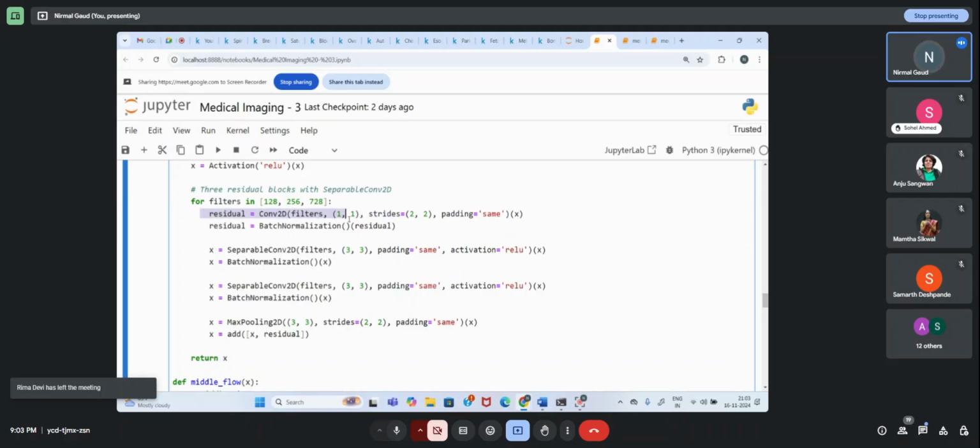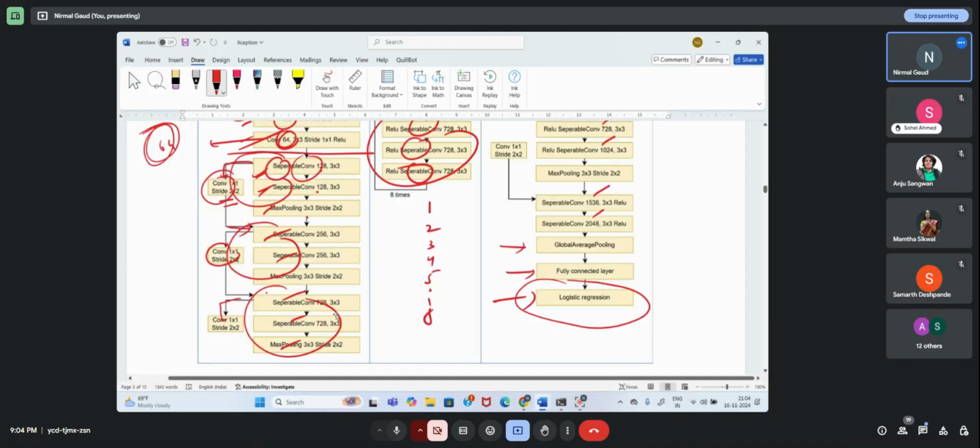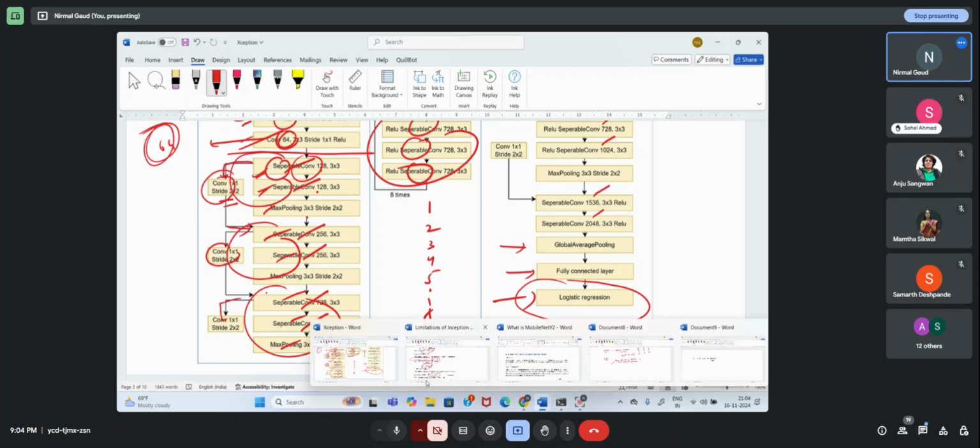This is a residual connection. So first you will make 128 128 in this block, then 256 256, then 728 728. See the architecture. That's what is mentioned. This is how the architecture has been built here.